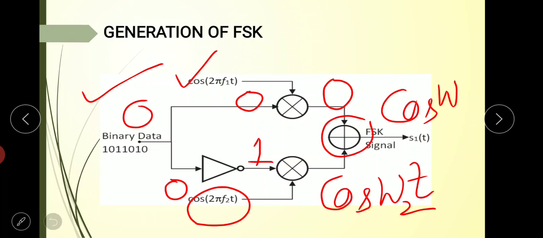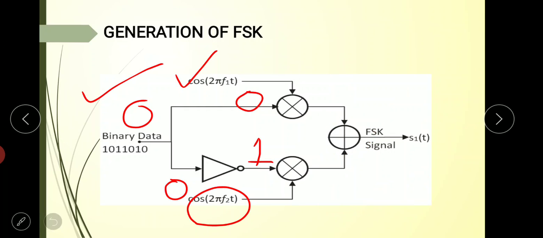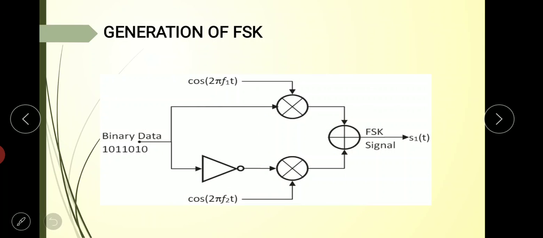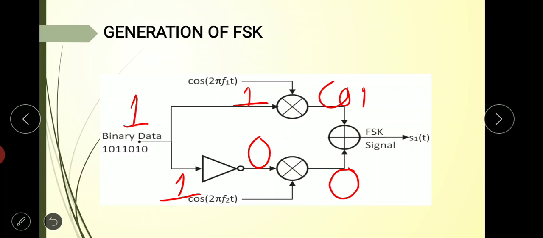Okay, then when we apply 1, then 1 is given to the multiplier and 1 is given to the input of the inverter, and at the output of the inverter we get 0. So anything multiplied with 0 gives 0 at the output, but here we get cos omega 1t.